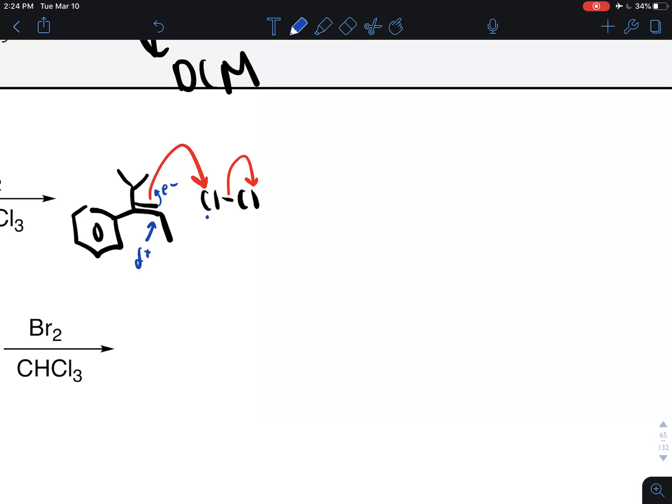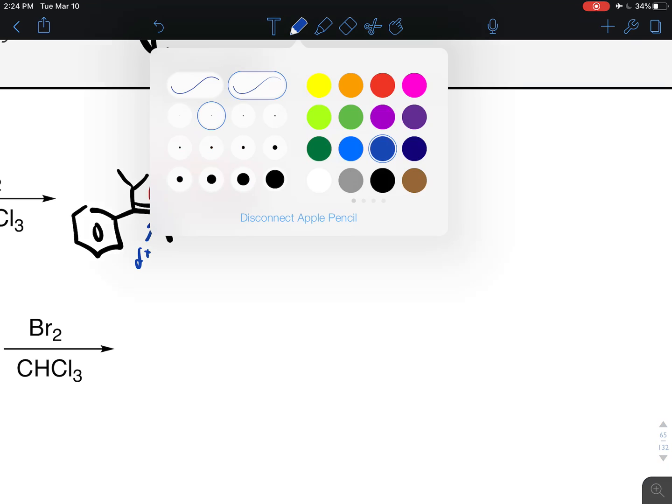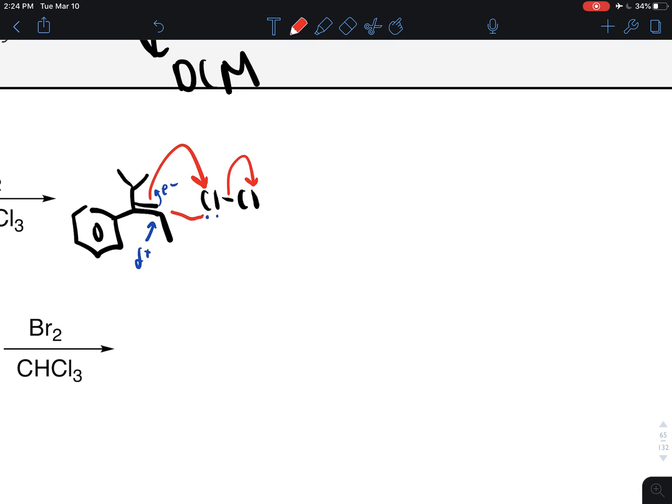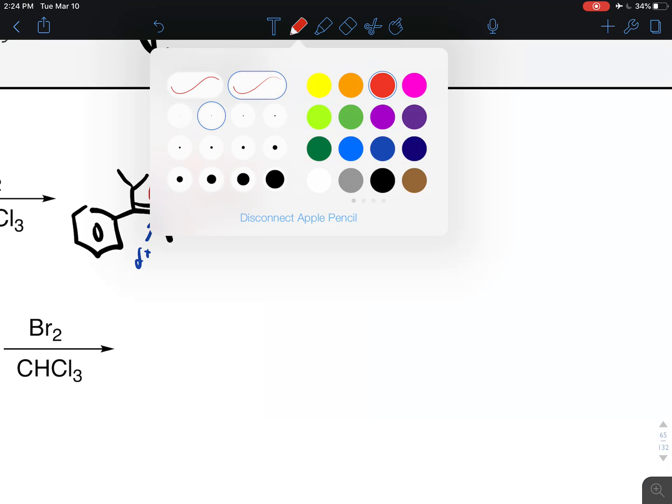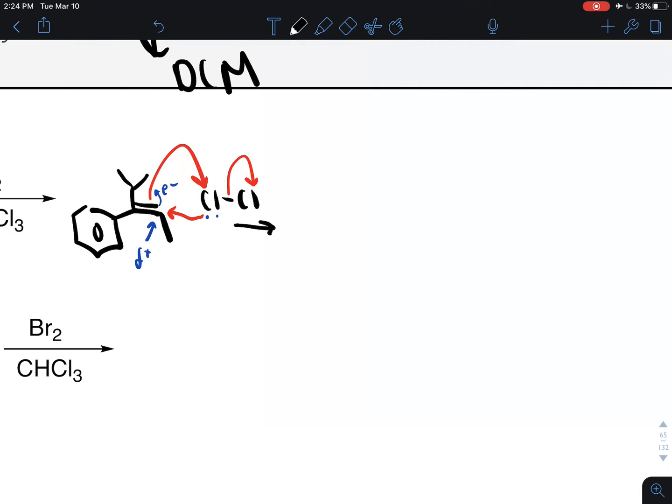Then there's a lone pair on this chlorine that is equally as likely to come back and attack to stabilize that deficiency. What results is something called the halogenation bridge. A halogenation bridge looks like this. That's the result of the halogenation bridge from step 1, and we also have free chloride.